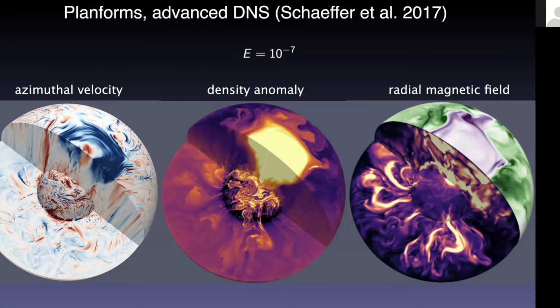Those of Nathanael Schaeffer are plotted here at an Ekman number of 10 to the minus 7. Azimuthal velocity, density anomaly, and radial magnetic field from left to right. So you can see the scale separation between the large convective scales and the small scales of hydrodynamic turbulence. The magnetic field is not so scale separated because it's very diffusive, so the small scales are diffused away.